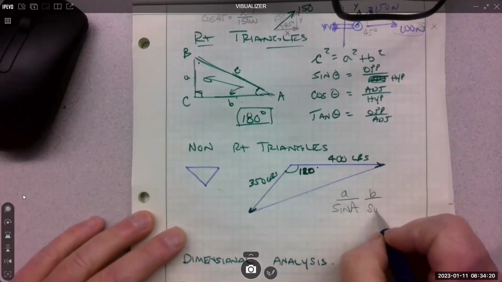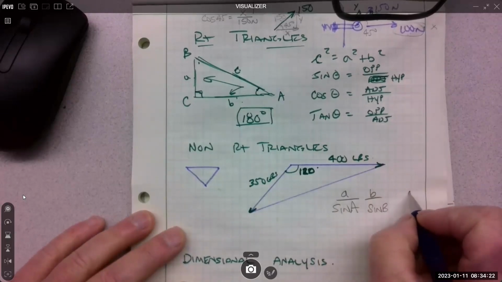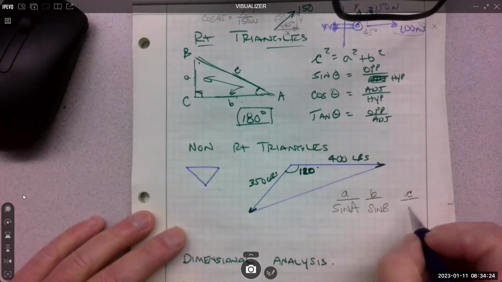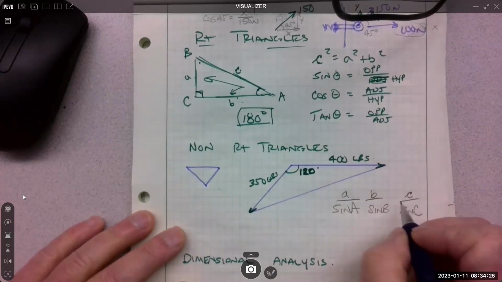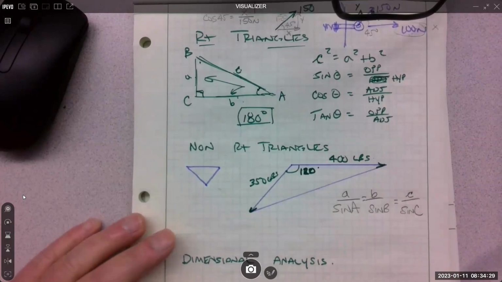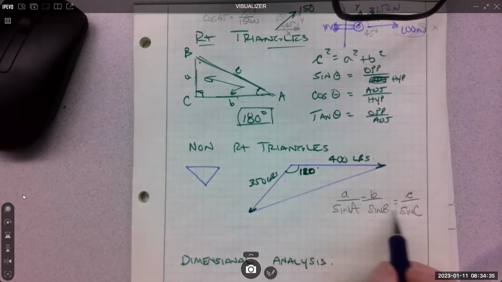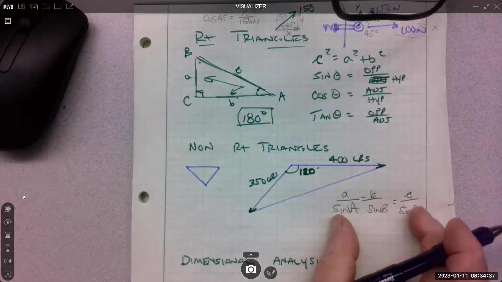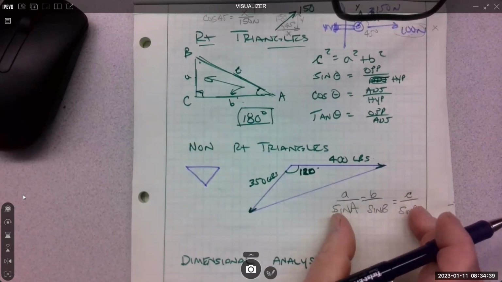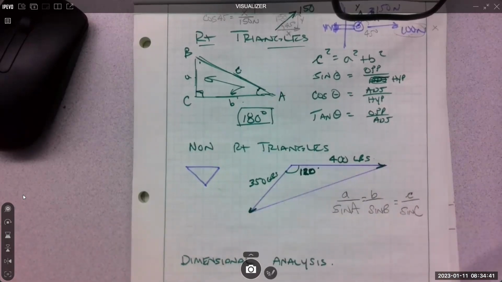B over the sine of B, and C over the sine of C. And we can use any two of those. These two, or these two. That's how they work, okay? And what you want to know is, can I set up two of those and only have one unknown?